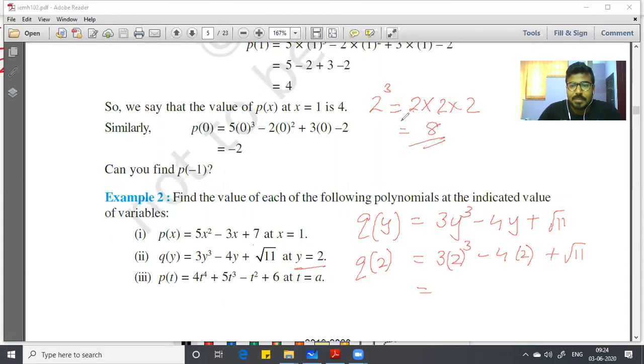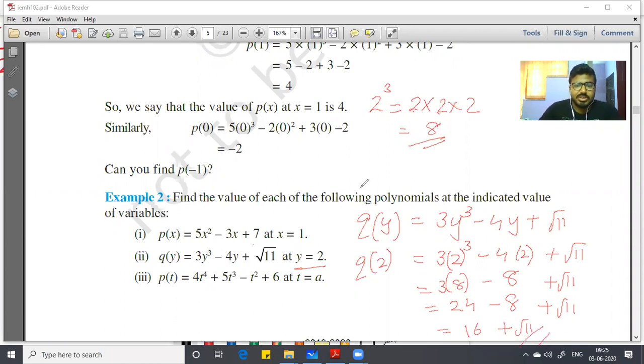So in place of 2 cube we can write 8. So 3 into 8 minus 4 2s, which is 8, plus root 11. Now 3 8s are 24. 24 minus 8 plus root 11. 24 minus 8 is 16, so 16 plus root 11 is the answer.